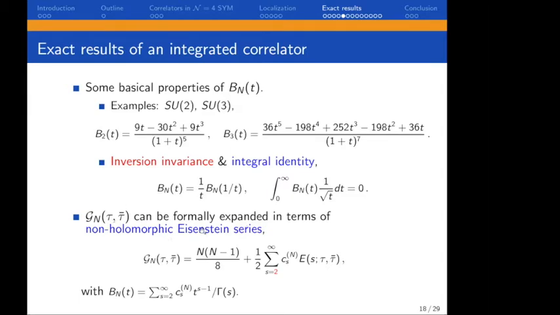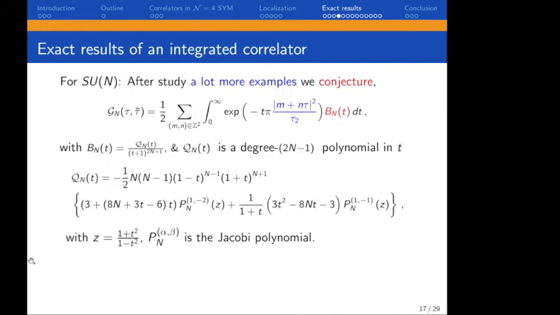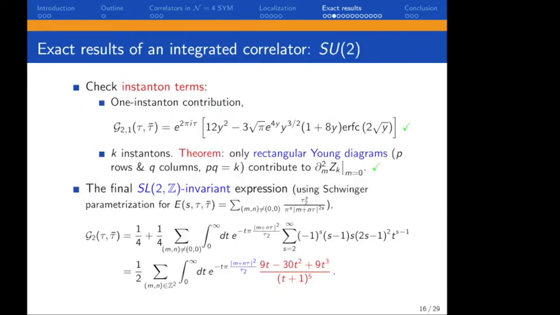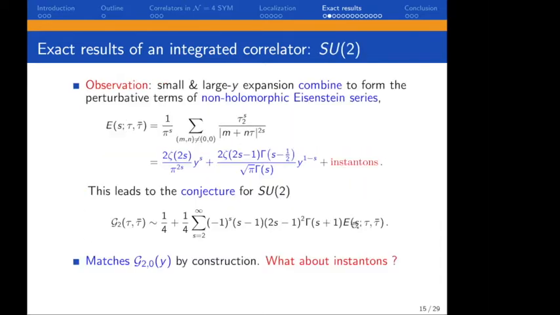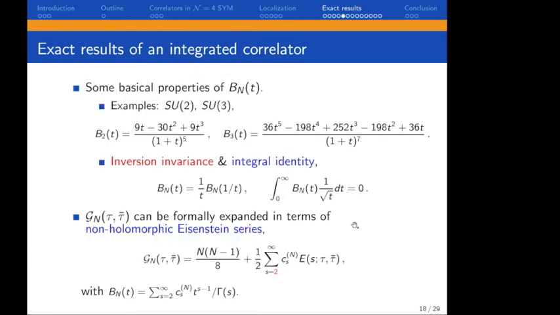Again, I gave a presentation as a lattice sum. On the other hand, you can also write this, just like in the case of SO2, as an expansion in terms of Eisenstein series, non-holomorphic Eisenstein series. Again, for arbitrary n, there's a constant, then there's a sum or expansion in terms of Eisenstein series with a coefficient.